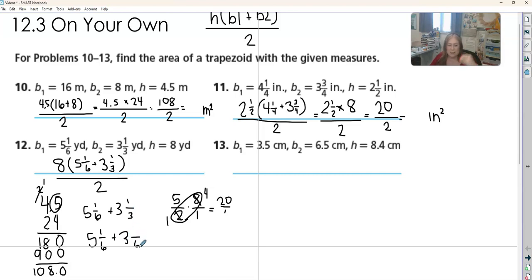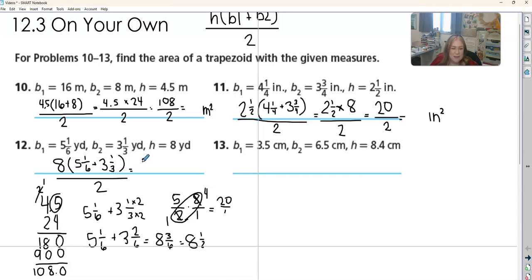So how do I get from 3 to 6? We times by 2. So I need to do the same thing to the numerator, times that by 2. So here we have 5 plus 3 is 8. 1 and 2 makes 3 over 6, or we can do 8 1/2. So we're at 8 1/2 here.